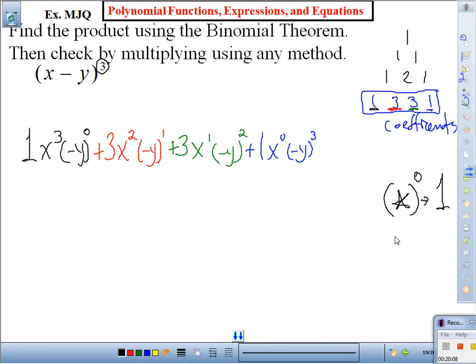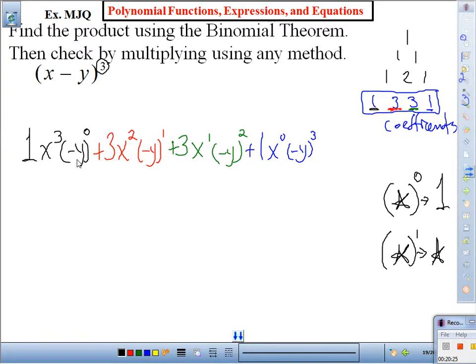Any number. All right. The second, any number to the first exponent is the number itself. Any number to the first exponent is that number. All right. You guys remember that? Yeah? All right, here we go.